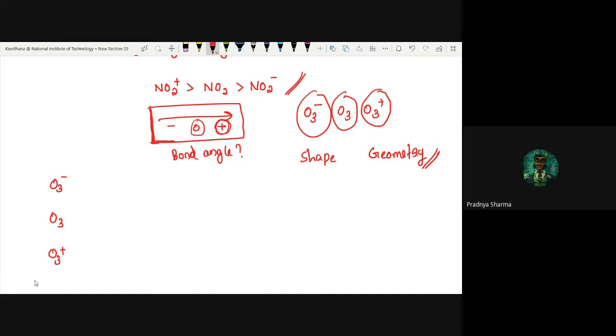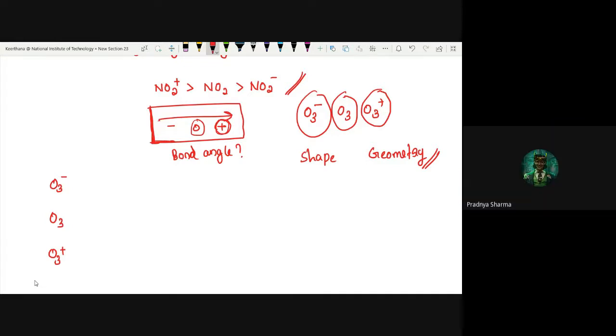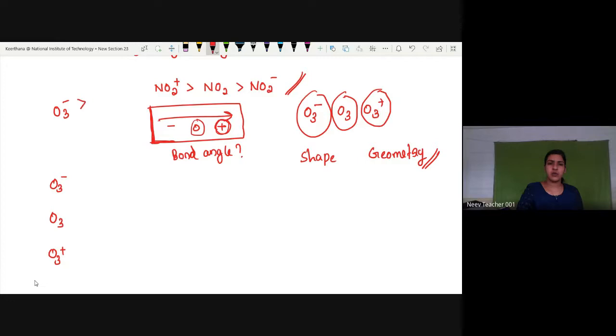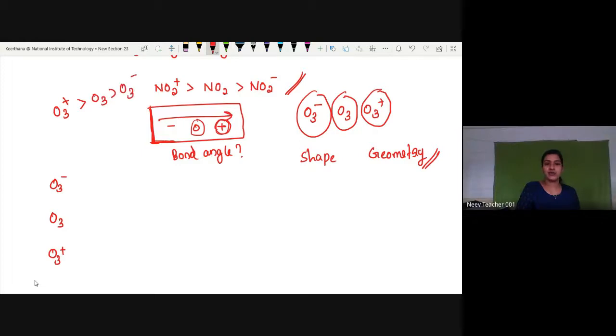Yes, ma'am. Okay, then find O3 minus, O3 and O3 plus, or just compare these bond angles. O3 minus has more than O3 and O3 plus has the least. No, sorry, least. I already told you this shortcut. No, I'm telling you to just find the shape and geometry. What is the shape and geometry of O3 minus?